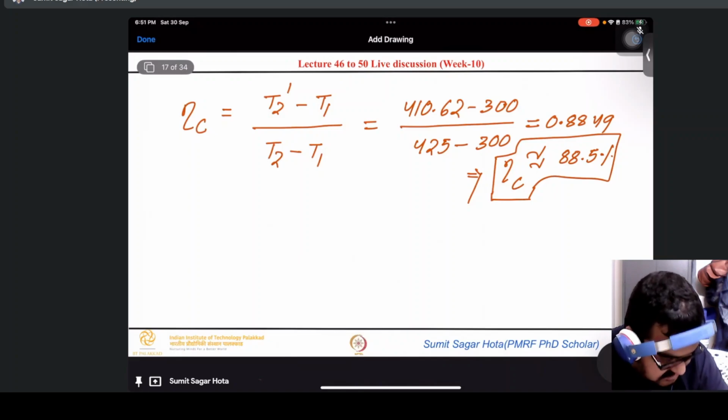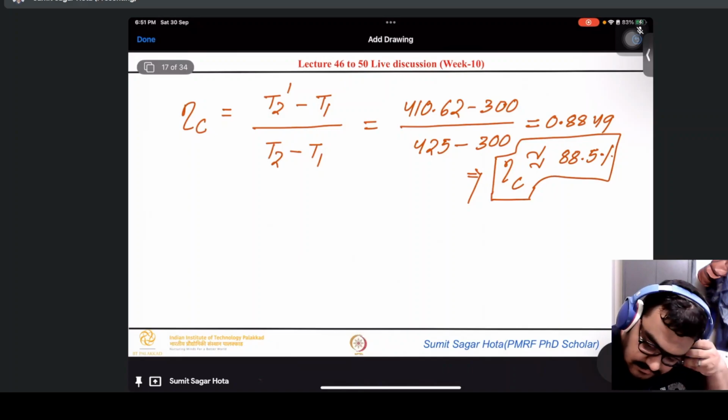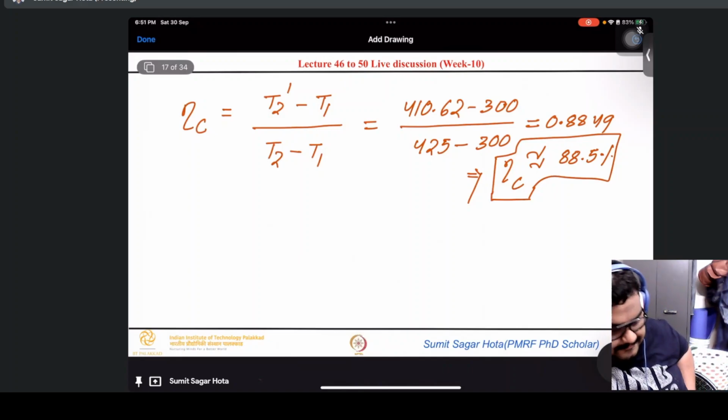Now, power conversion equation. What is the power conversion equation?